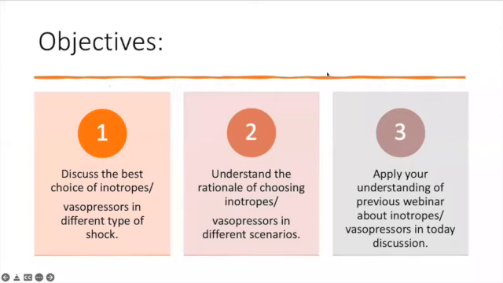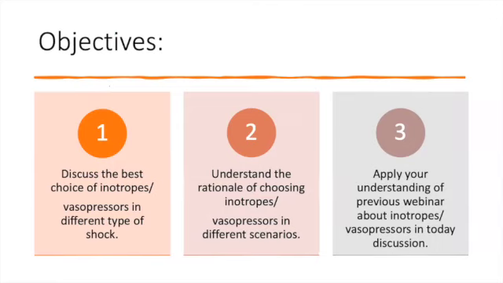So, our objective for today's lecture: first, we will discuss the best choice of inotropes and vasopressors in different types of shock. We will discuss a few cases of different scenarios and different types of shock, and we will try together to find the best choice of inotropes based on the physiological derangement.